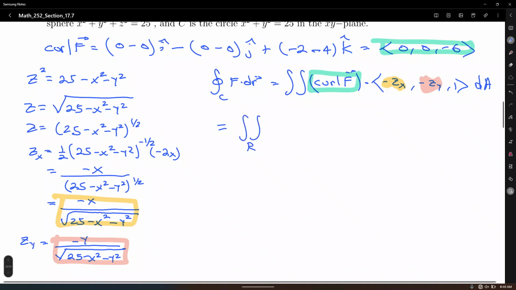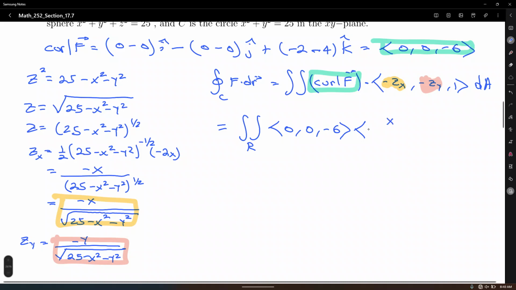Okay. What's the curl? The vector in green, 0, comma, 0, negative 6, dotted with, okay, careful, that's calling for the negative partial derivative. But didn't we get negative signs for the partial derivatives? Those negatives get killed. They become positives.